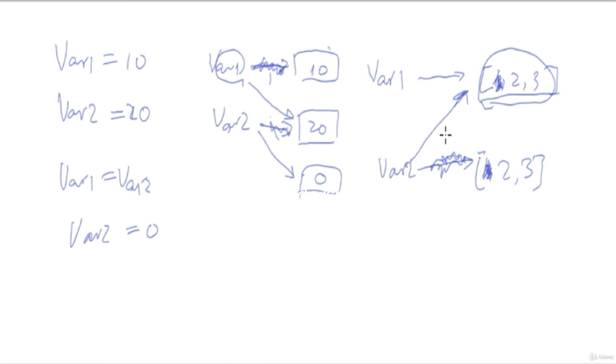So essentially, we modified the list pointed to by var1 as well. This is why after we use var2 to remove the first item, var1's list also changed, because this is the same list pointed to by two variables. This is a different behavior for list from integer type.